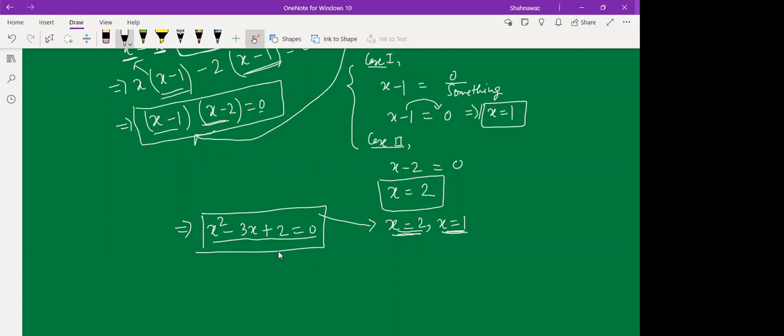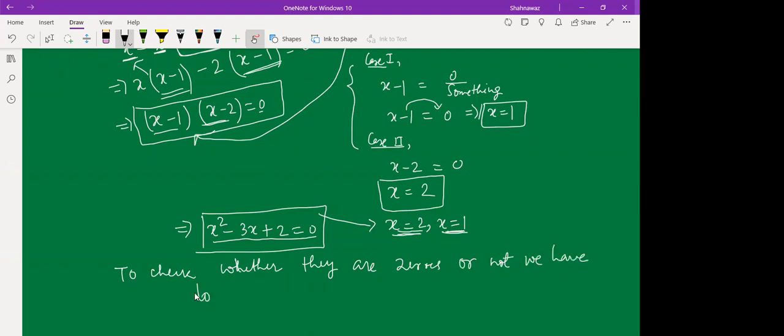By dividing x by 2 by the polynomial. No. So to check whether they are zeros or not, we have to find what?